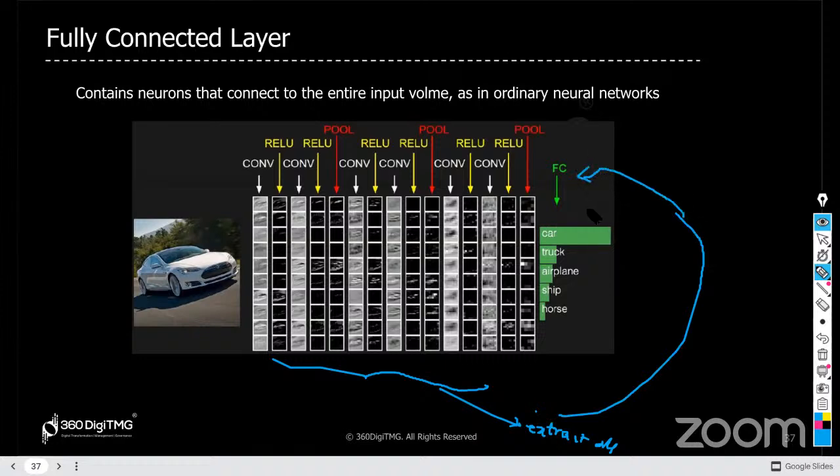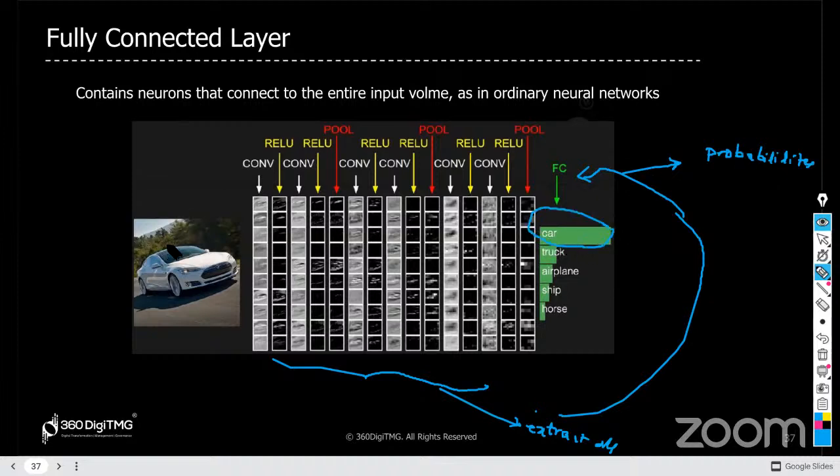Fully connected network has multiple names you can go through. Now, after connecting it to the fully connected network, what will we get? We will get the probability of each and every class. Once we supply those features that we have extracted through the convolutional base to the fully connected network, we get the probabilities of each and every class, and you choose the class that has the highest probability.